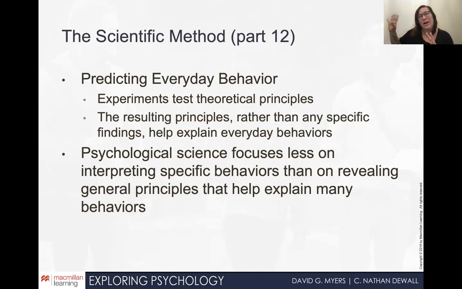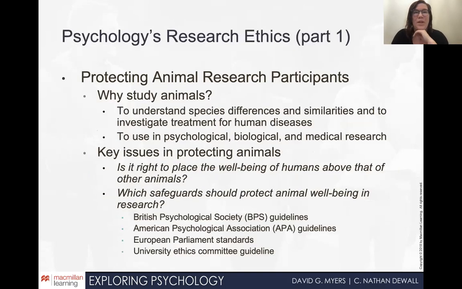They might work up there, but that does not necessarily mean it works in everyday practice. But you can take the principles, the general ideas you're learning from these studies, and apply them to everyday life and everyday behavior. So psychological science focuses less on interpreting specific behaviors and more on relying on general principles to help us explain a wide variety of behaviors.